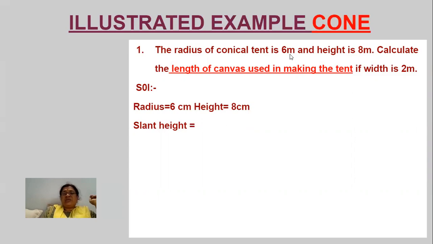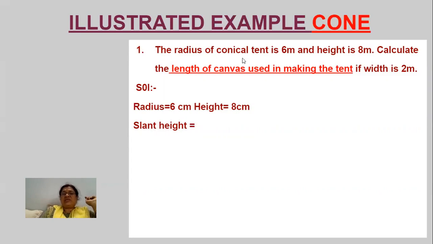They may give the diameter sometimes, and you substitute that diameter in place of the radius and solve the problem. That error you'll make. Therefore, I again insist you to read the question 1 to 2 times. Then only you draw the diagram and apply the formula.